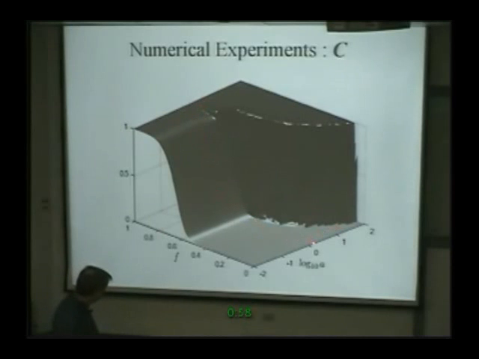And if the frequency separation is very high, even if the low frequency amplitude is very large, you still have a chance to separate the high and low frequency.